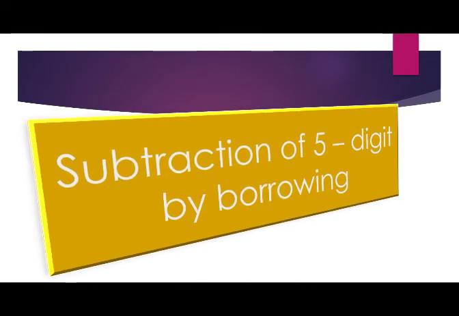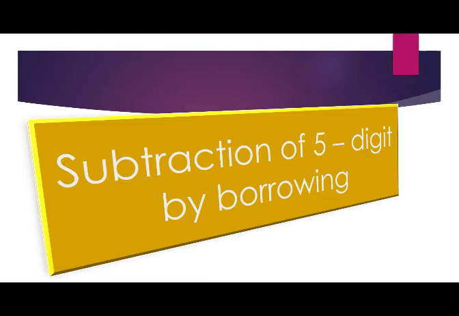Students, as I said, today we are going to solve problems or exercises based on 5-digit numbers. Yes, of course, borrowing method. But what is this 5-digit number? You all have learned in the addition chapter, that is the 3rd chapter, where we have learned unit, tens, hundred, thousand, and after thousand, 10,000.